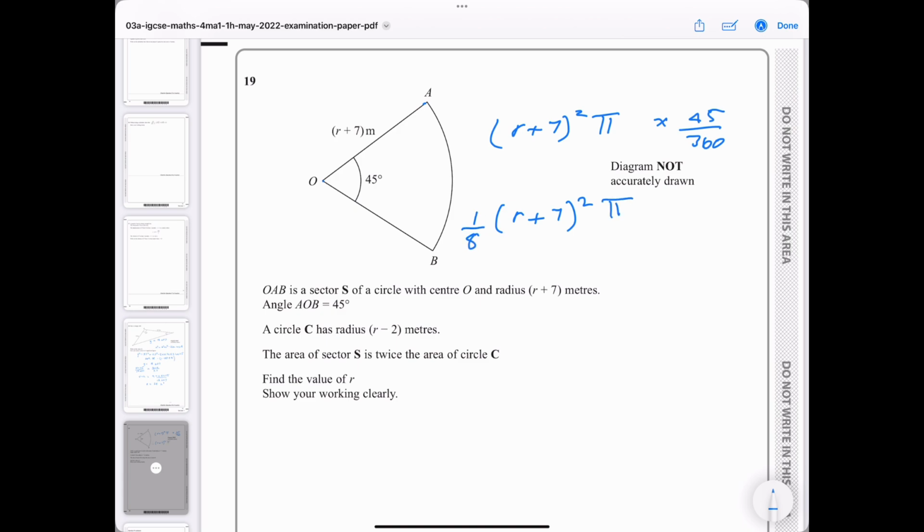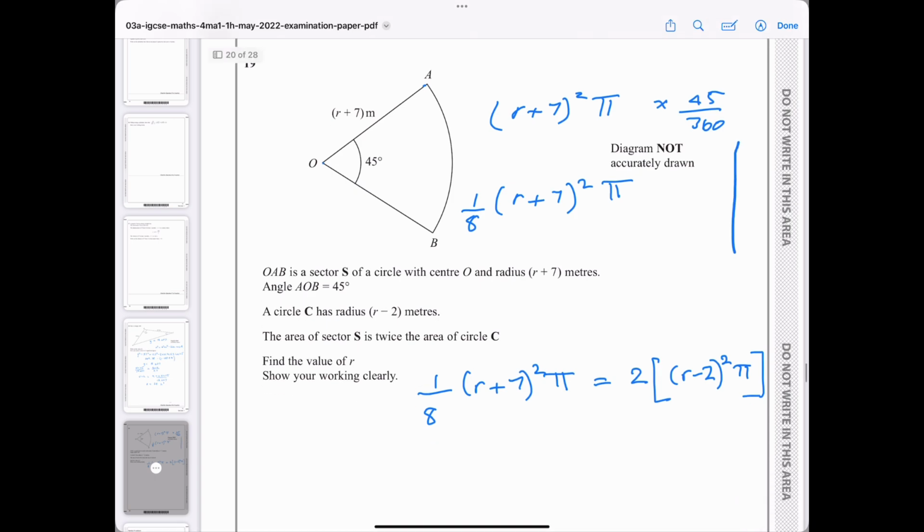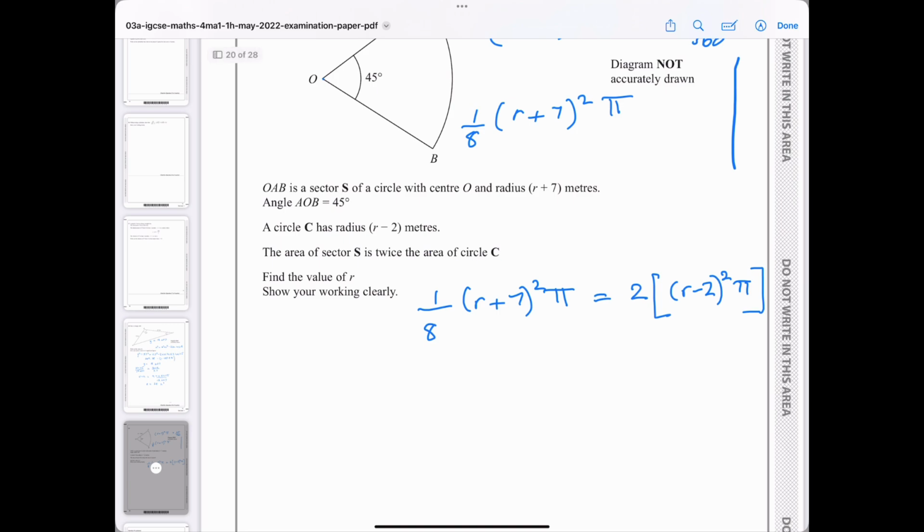So we'll say that 1/8 r plus 7 squared pi is twice the area of that circle, so it equals 2 times r minus 2 squared pi. So yes, that is 2 times that.